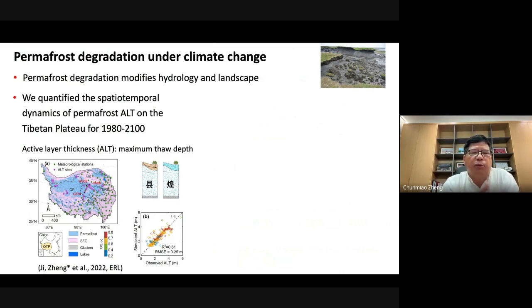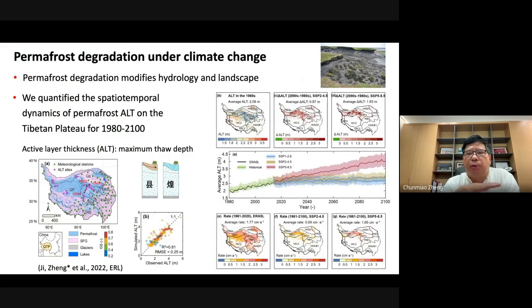We quantify this, and we also project into the future. Based on different scenarios, from 1980 to 2100, essentially by that time, much permafrost would have disappeared. Okay, so that's a major impact.